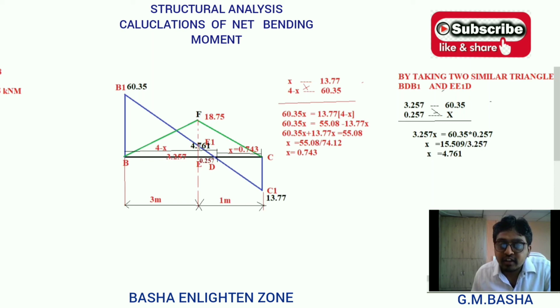If I want to know the net bending moment value exactly under the load, already we found the ordinate point exactly for the zero line will be 4.761. So what is the net bending moment? Net bending moment is the difference of the free BMD minus fixed BMD.